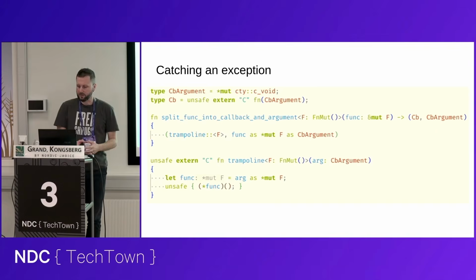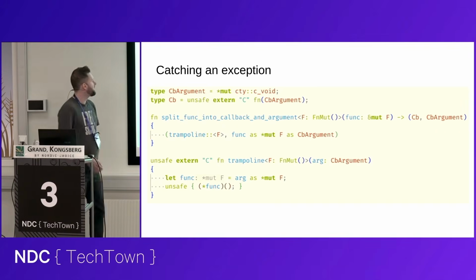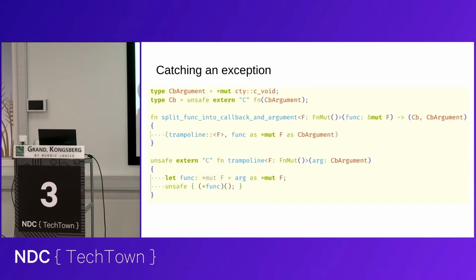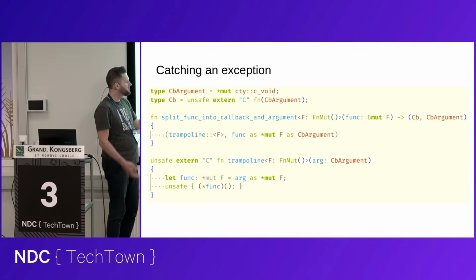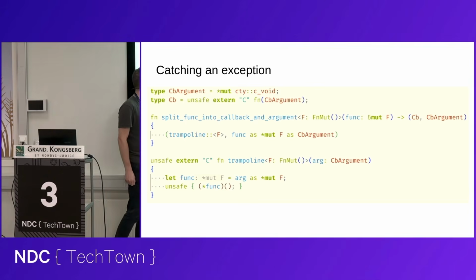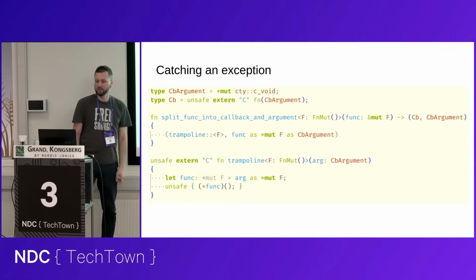And the second thing it does, it converts the function reference, the reference to the closure, first into a pointer, and then into this thing which is a void pointer. So that's how we get the argument for the function. And then if you call trampoline and put this as its argument, it does the conversion in reverse, essentially. We cast the argument into a pointer of the closure type, and then we invoke the function.